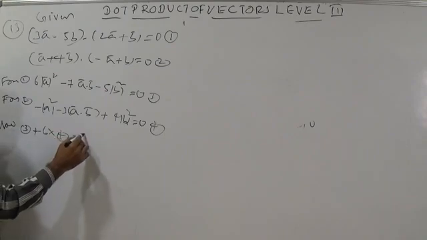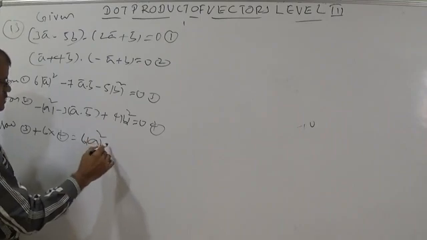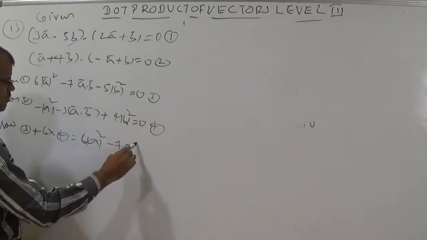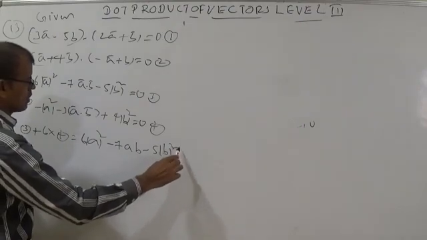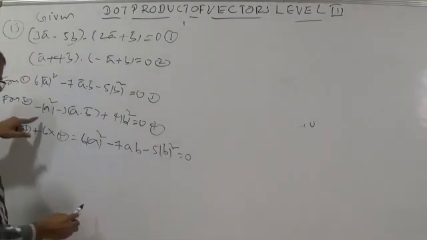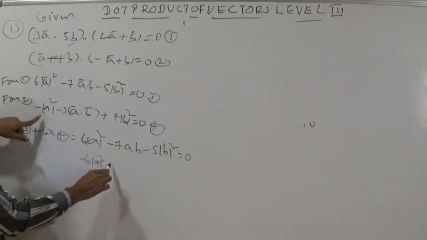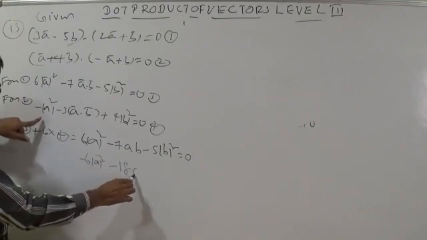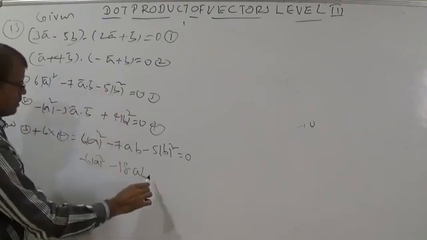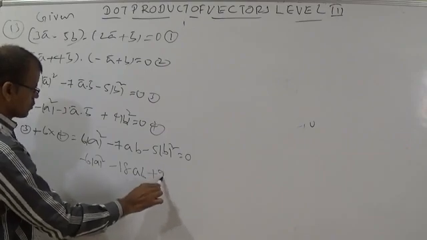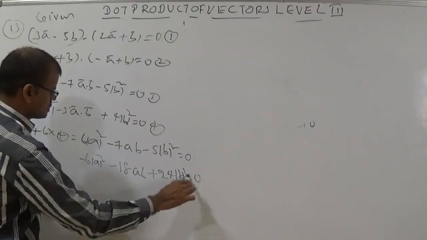So again I am writing 6|a|² − 7a·b − 5|b|² = 0, and here 6|a|² − 18 a·b, this is not a bracket, simply a dot product, plus 6 fours are 24|b|² = 0.